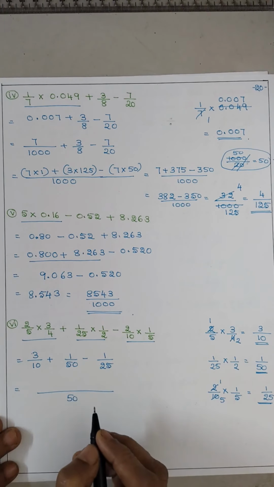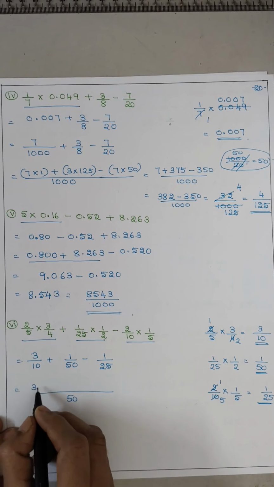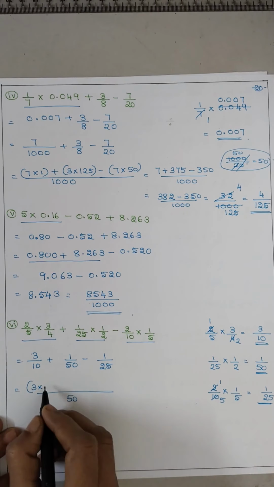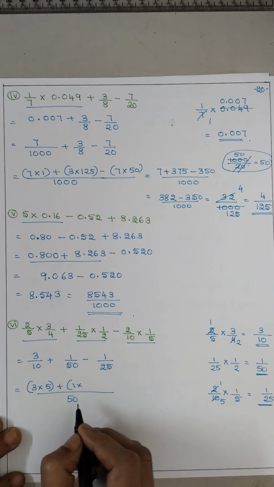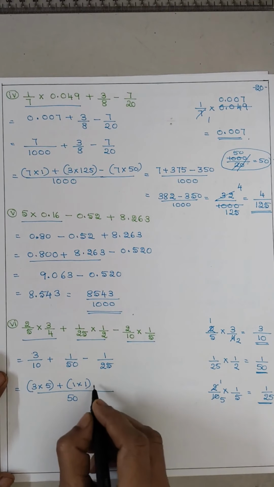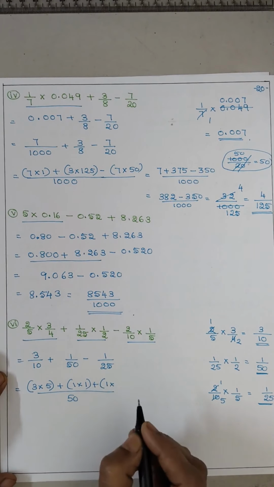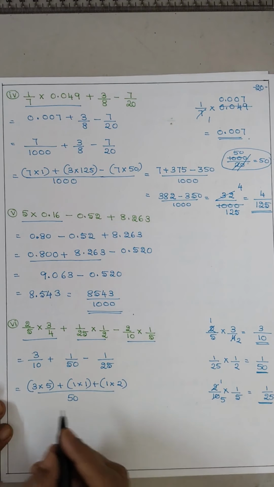Now what is the LCM? सबसे बड़ा नंबर 50, 10 5s are, 25 2s are. So 3 into 10 5s are 50, 1 into 50 1s are 50. Now 1 into 25 2s are 50.